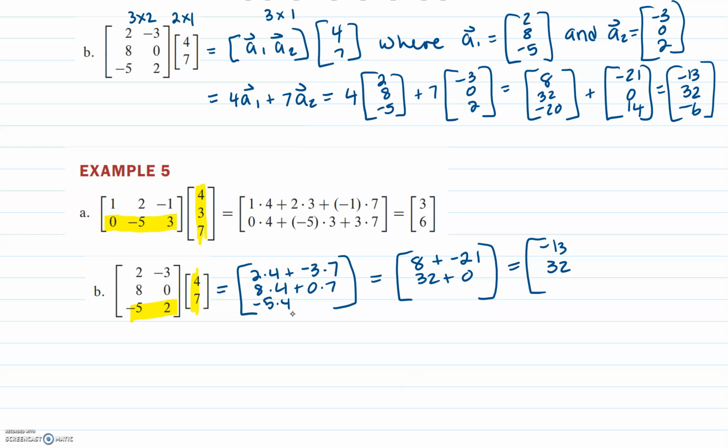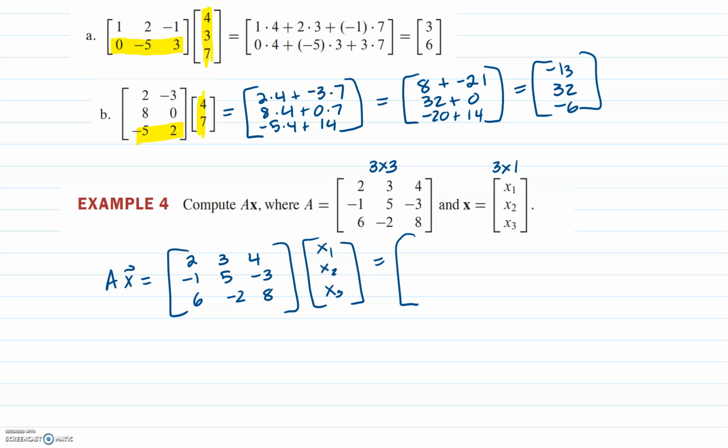A times X is the matrix 2, -1, 6, 3, 5, -2, and 4, -3, 8 times my X. I'm just going to do this using the shortcut. So I'm going to look at my first row, take the dot product of the first row of matrix A with the entries in vector X.